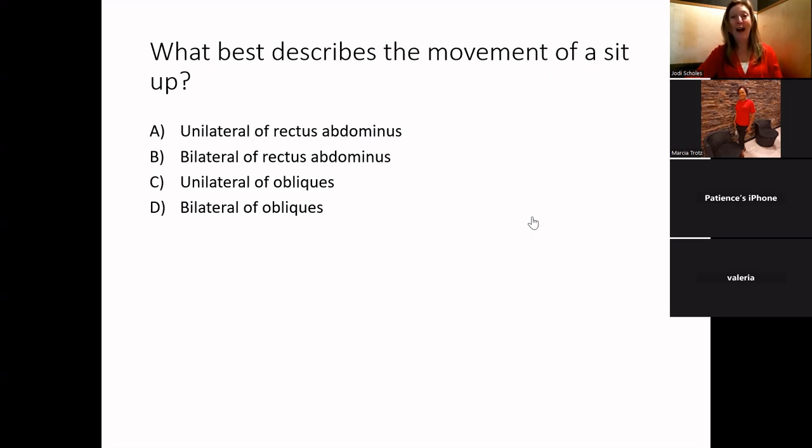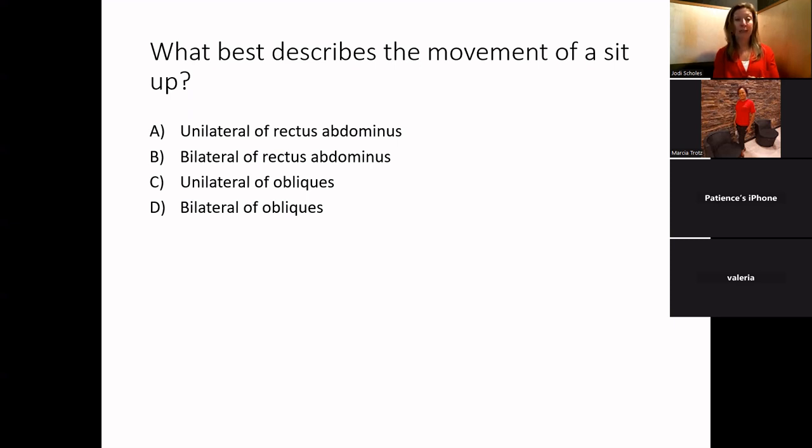Final question. What best describes the movement of a sit-up? Unilateral of the rectus abdominis. Bilateral of the rectus abdominis.